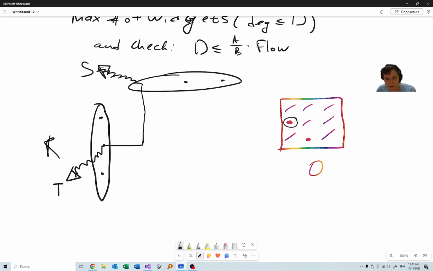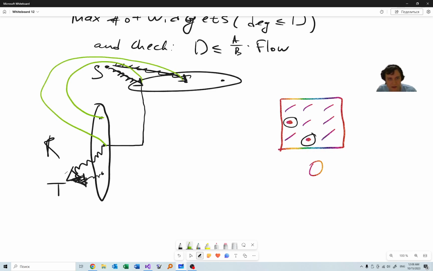And no, the edge from the source looks like this. And for this place, we have this one. Okay, and also we have these edges.